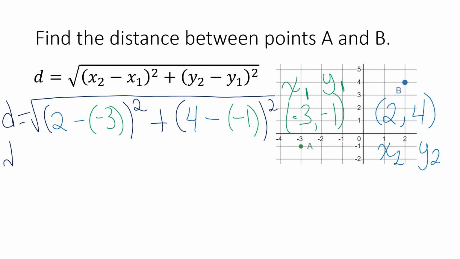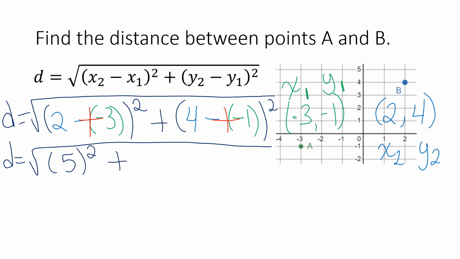So now we're going to follow order of operations, and we're going to do what's inside the parentheses first. Whenever you have subtracting a negative, that turns into addition. So now, inside the first set of parentheses, we have 2 plus 3, which is 5. And we're still going to square that quantity. Inside the second set of parentheses, we have 4 plus 1, which is 5. And we're going to square that quantity.